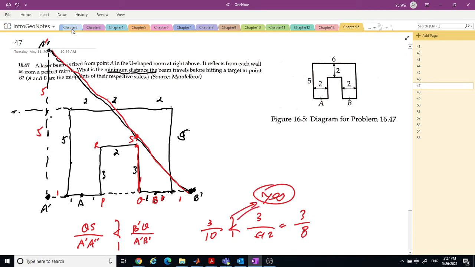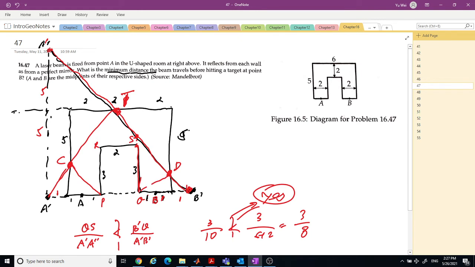So now we know this one, A double prime B, is the shortest one, right? So you can connect this. So this is P, this is the shooting angle, right? You can connect here. I'm sorry, P, Q, R, S, T, right? So you can do this angle. So let's see, this is C, this is D, right?